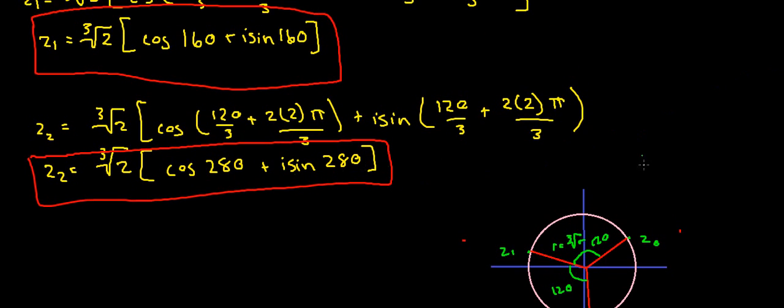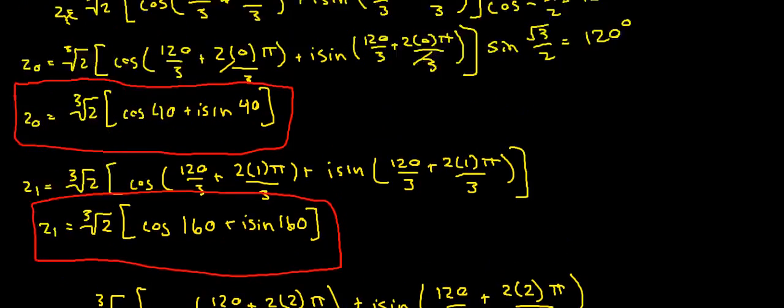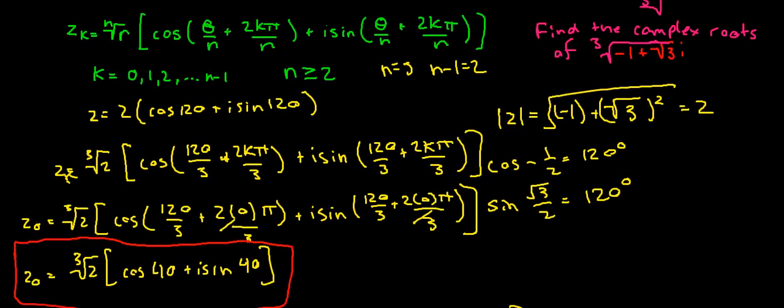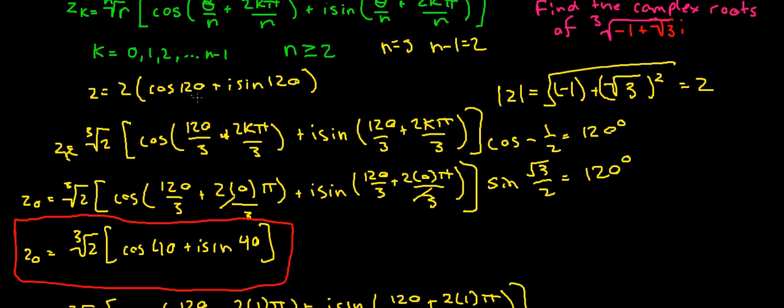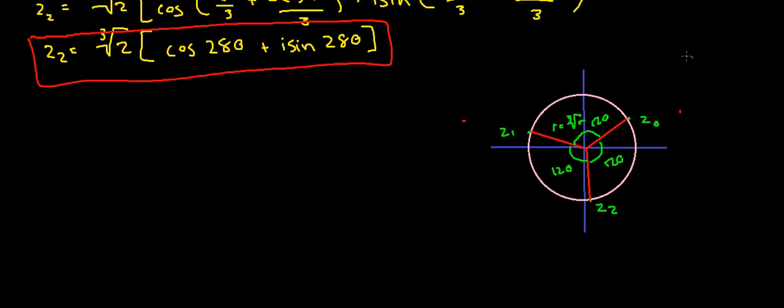And the difference between 40 degrees and 280 here, at least on a 360 scale, this is also 120. That's not a coincidence at all. It's not even coincidence that my original angle was 120 here. But anyways, that's just to have a picture of it.